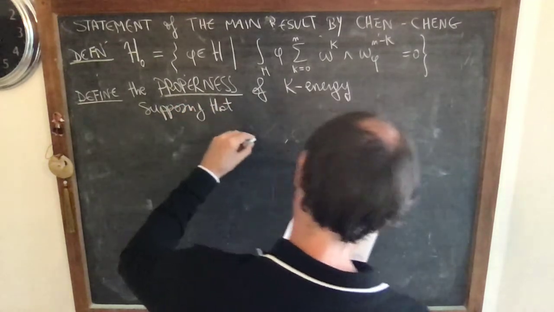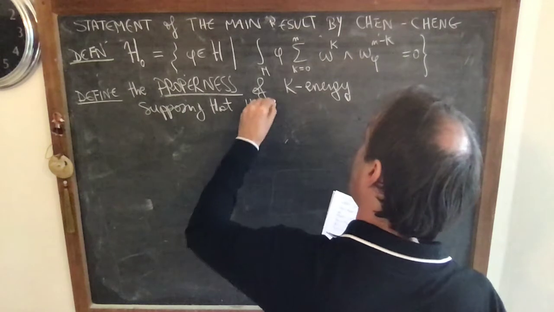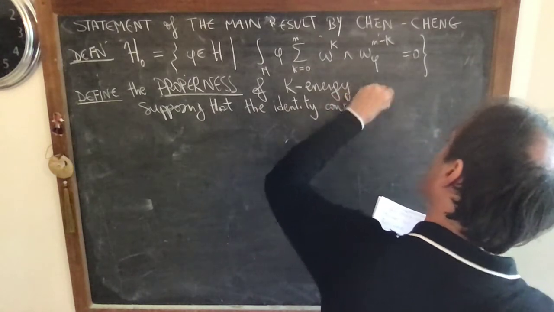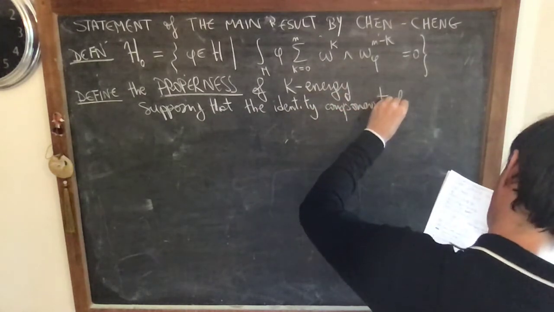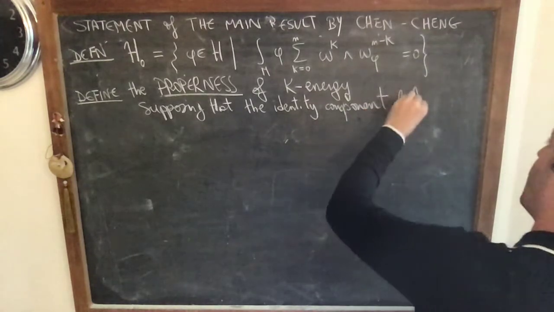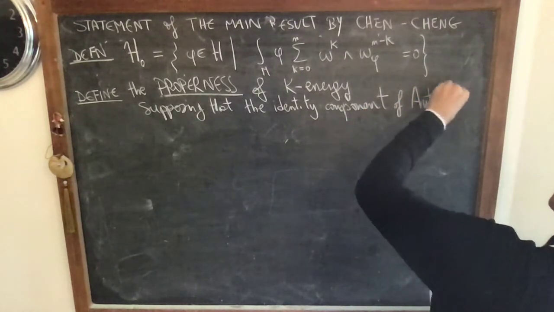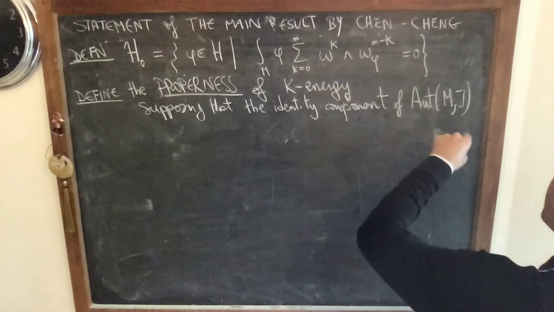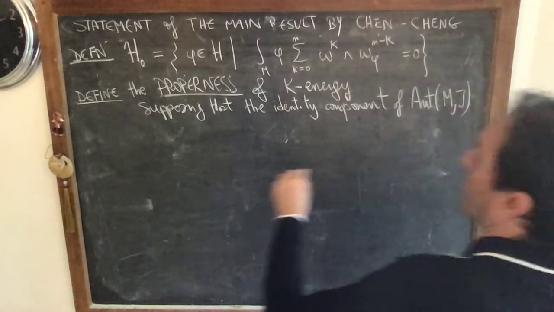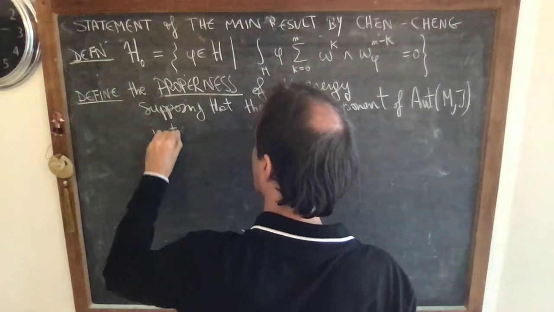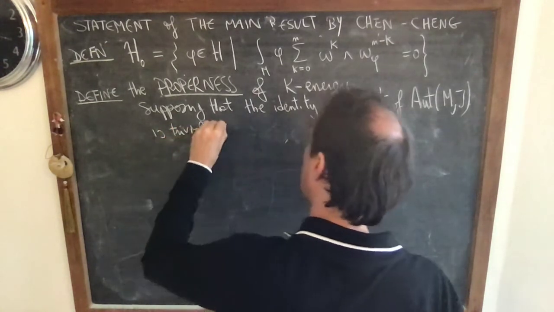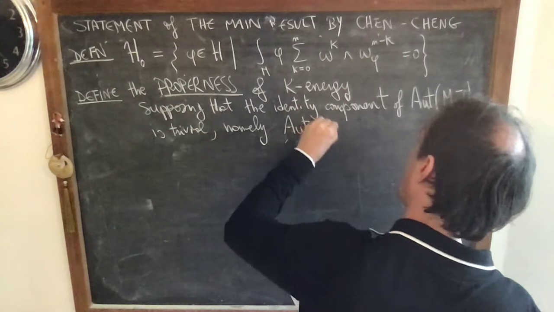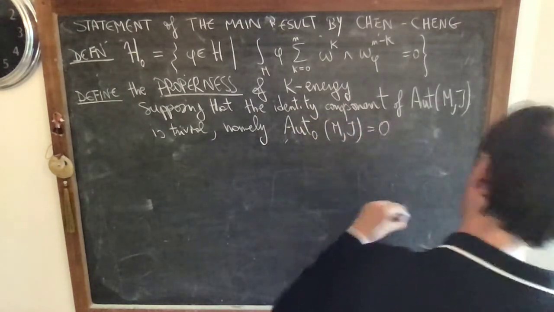that the identity component of the automorphism group, so the biholomorphisms of M, is trivial, namely Aut0(M) is trivial.